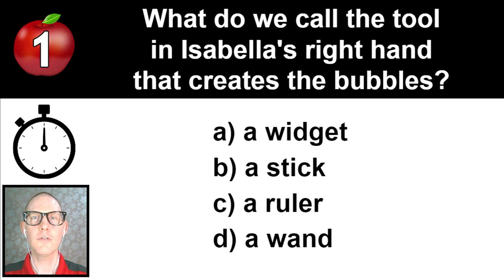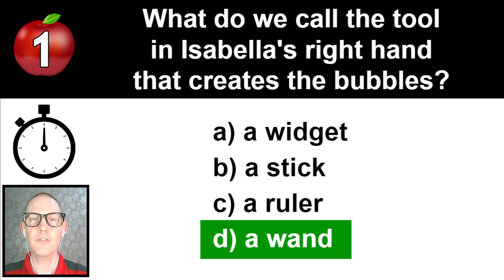Okay, so what do we call the tool in Isabella's right hand that creates the bubbles? It's called D, a wand.